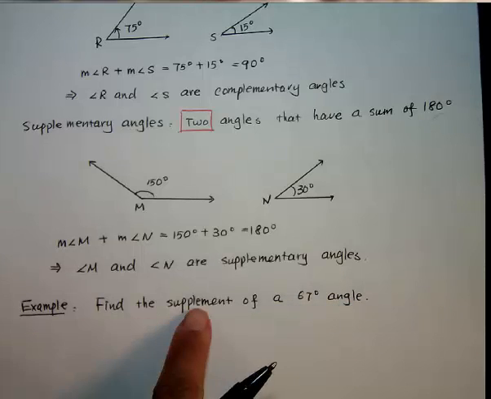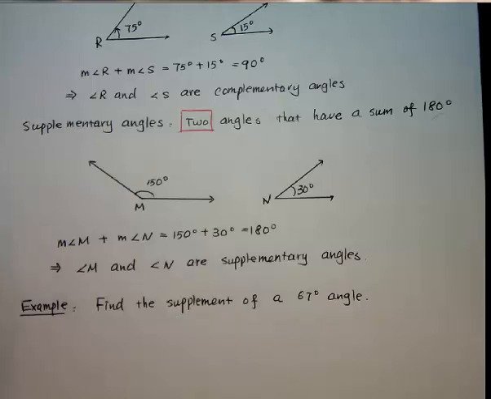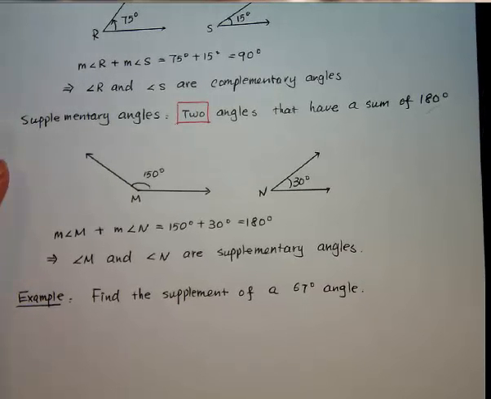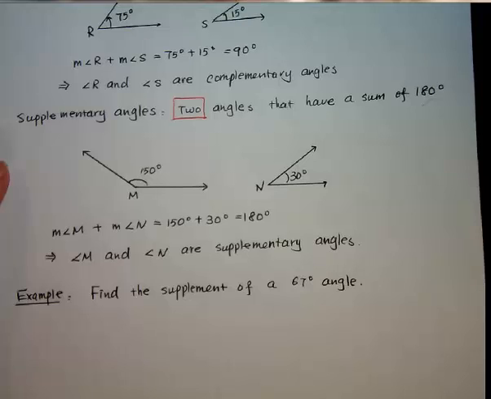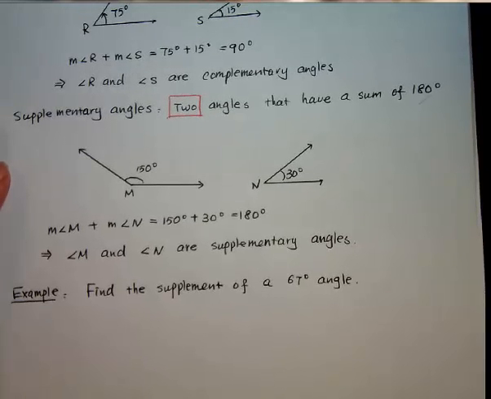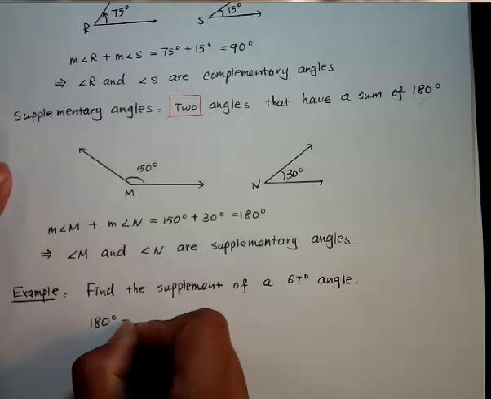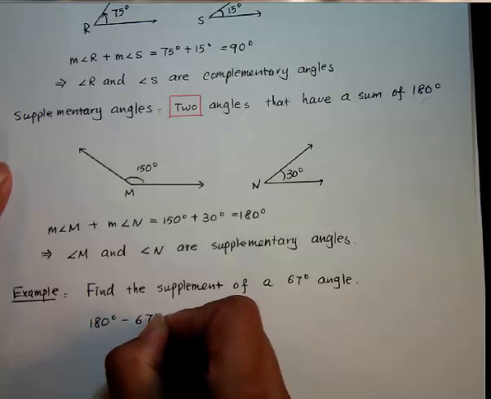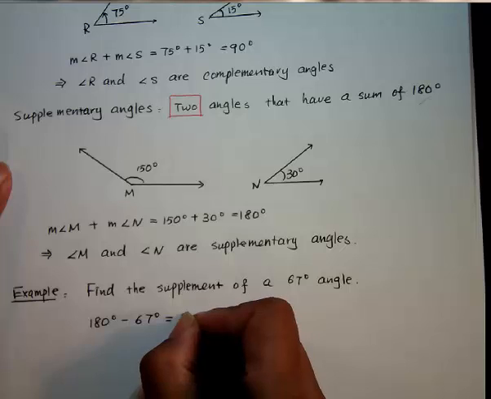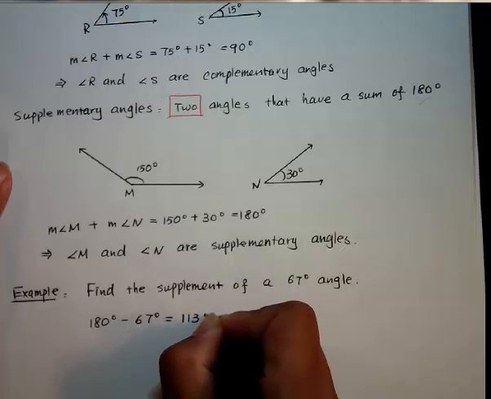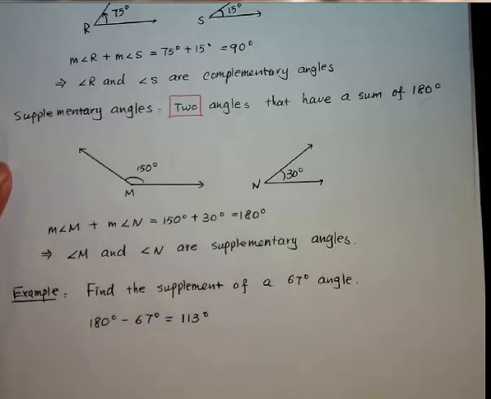That means two angles' sum is 180 degrees, and if I know one angle is 67 degrees, then the other angle's measurement should be 180 degrees subtract 67 degrees. That will give us 113 degrees. So the supplement of this 67 degree angle is 113 degrees.